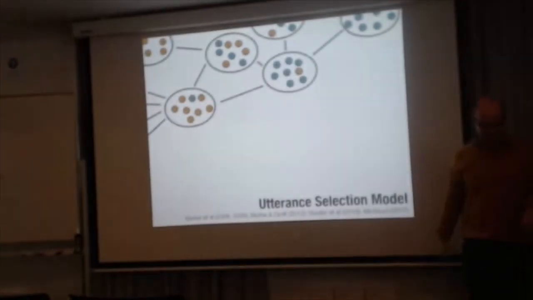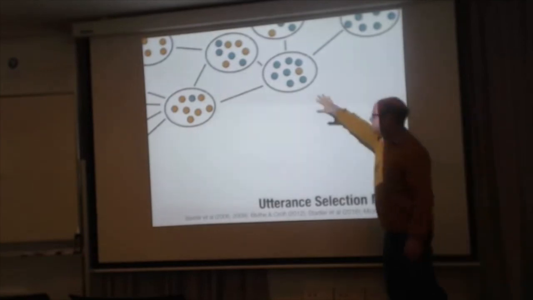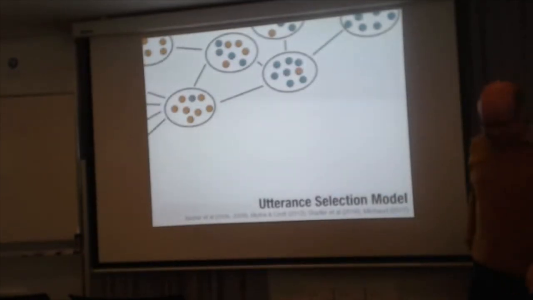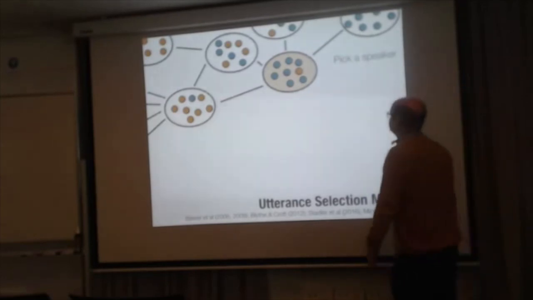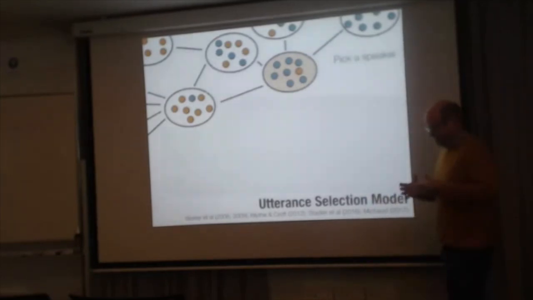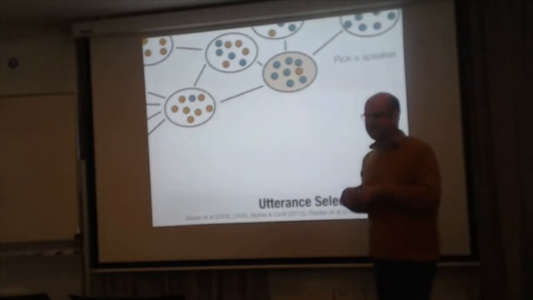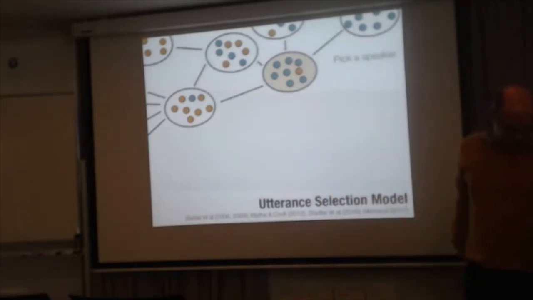But the idea is that what's here is based on their linguistic experience. Okay, and how is that linguistic experience arrived at? It's a very, very simple model. The way that it works is that, in physics, we always describe things in terms of the update rule. So this is what the update rule is. So the way that it works is that you pick one of the speakers on your social network.